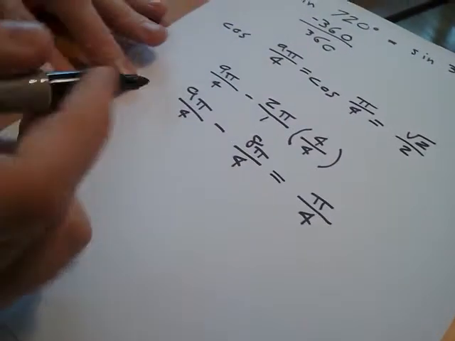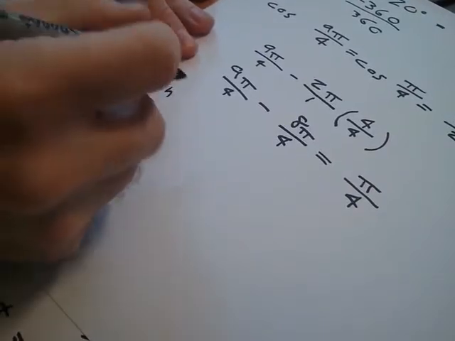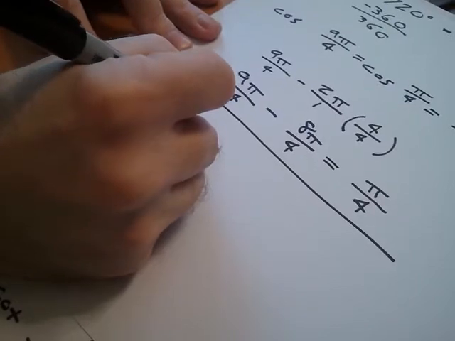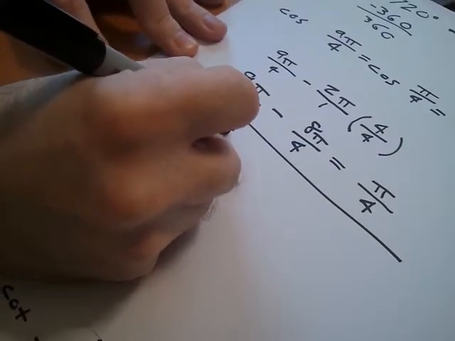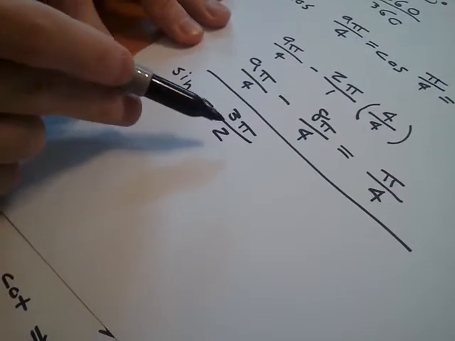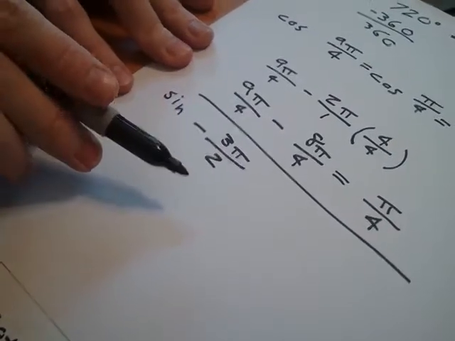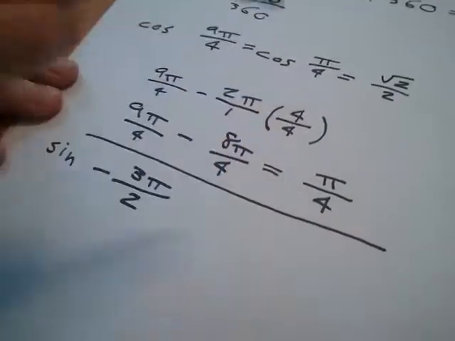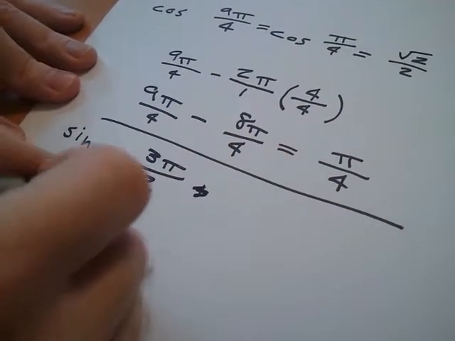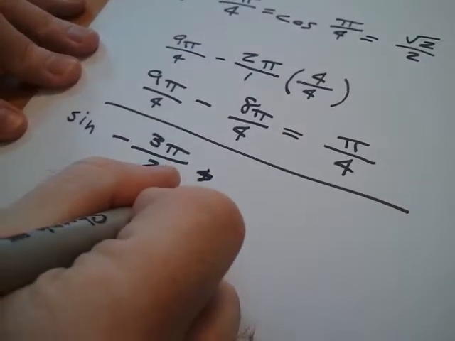Similarly, sometimes you might have something that's too small. Okay, so let's say we've got sine of negative 3 pi over 2. The unit circle has no negatives. So just like we subtracted 2 pi here, we can add 2 pi. We're going to add, let me start a new line here, negative 3 pi over 2. We're going to add 2 pi.